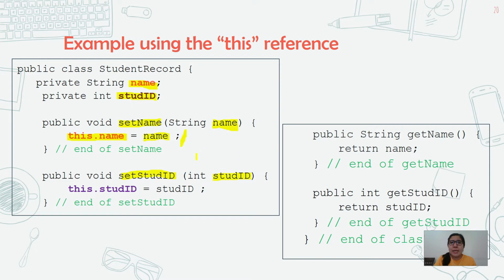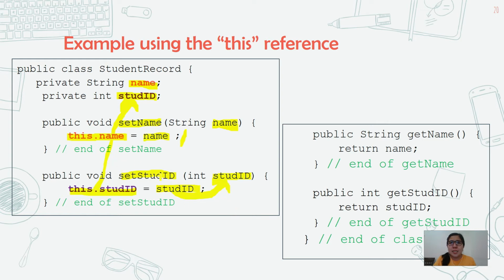Usually, ginagamit ang this keyword for same names. Same is true with this.studID. Ang nire-refer nito ay yung ating instance variable. And this studID naman is the local variable or the variable inside the parameter. So, yung iba, instead of using so many variable names, they prefer to use this one.